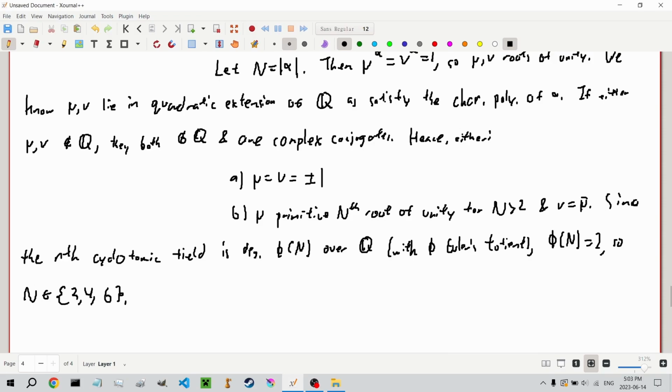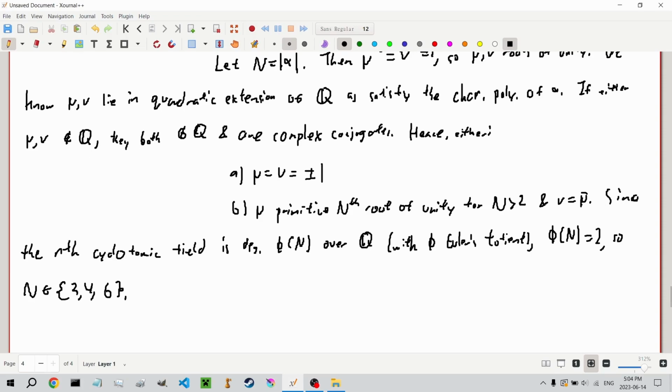So we want to find here explicitly an element of order 4 and order 6 in SL2 of Z by considering a quadratic extension of the rationals. I'll write this out.